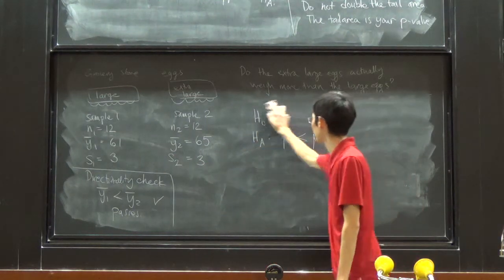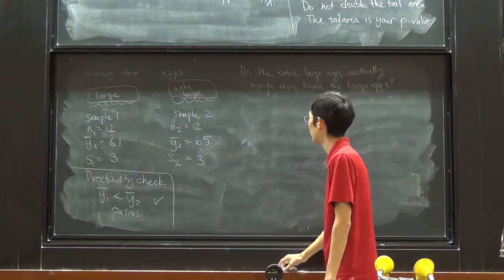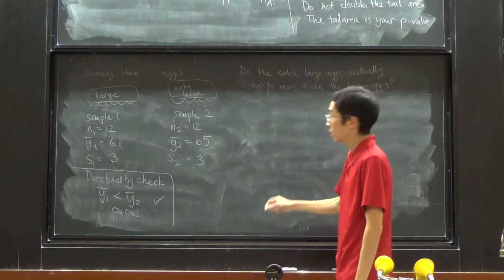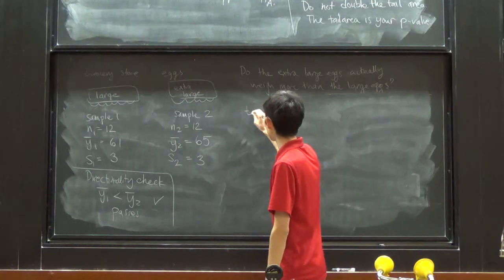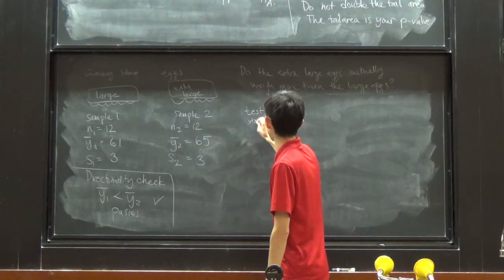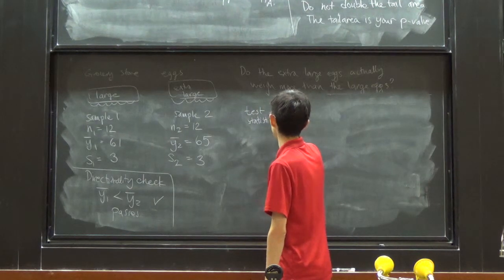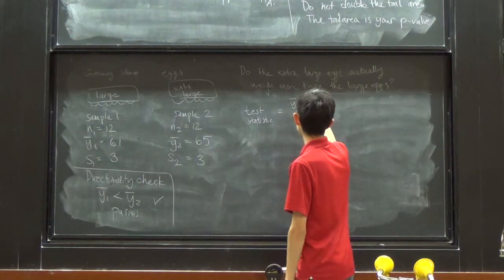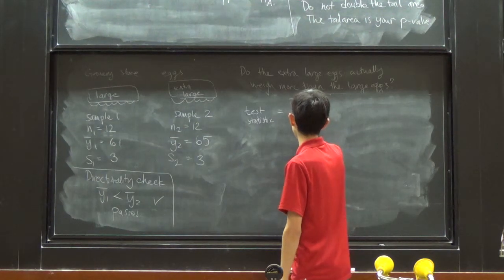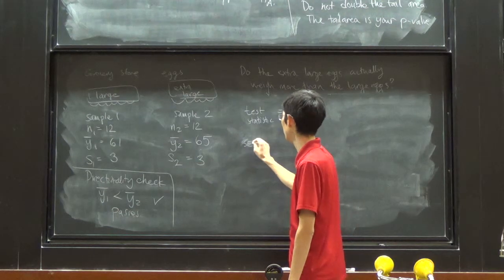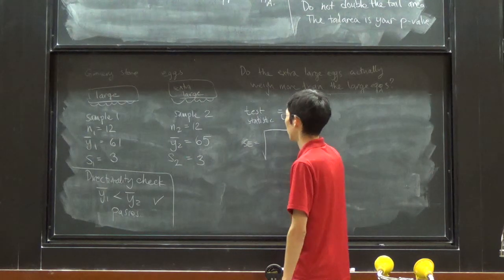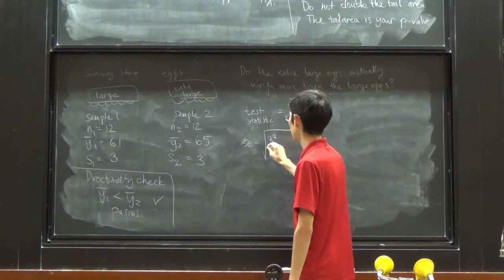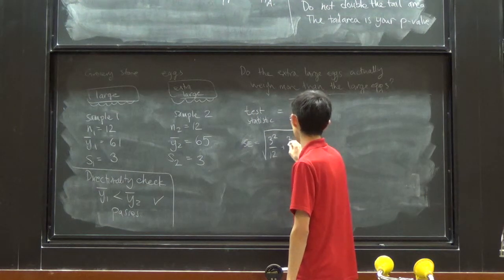So I'm going to erase my hypotheses. So my test statistic would be what? Y bar 1 minus y bar 2 divided by the standard error. What is my standard error? 3 squared over 12 plus 3 squared over 12.